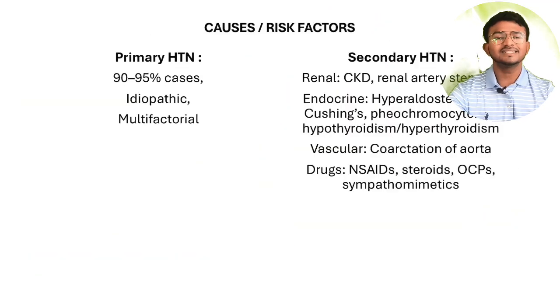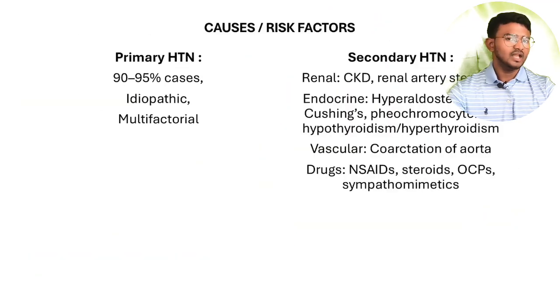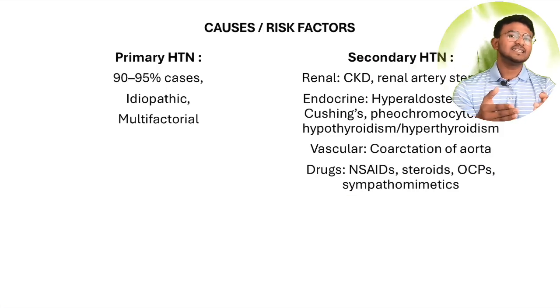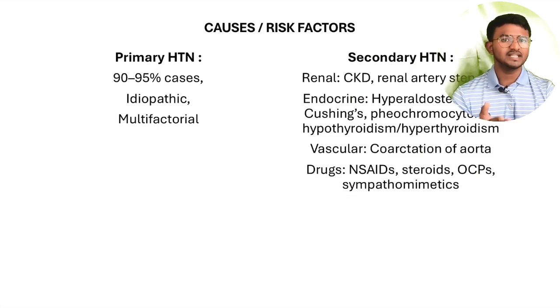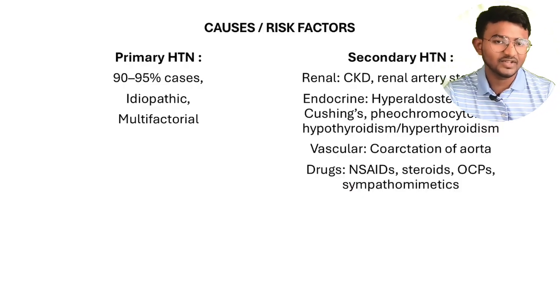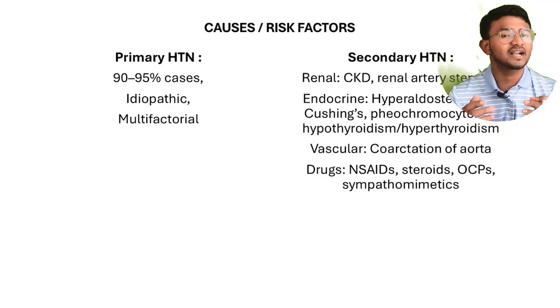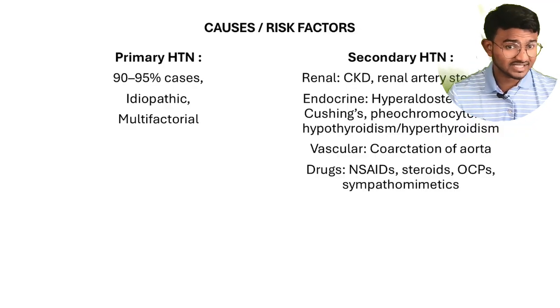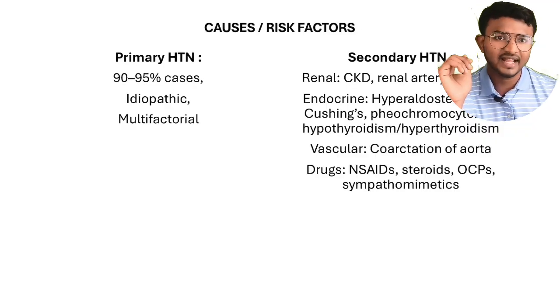So, causes of hypertension. The causes are divided into two different types. One is primary hypertension, the second one is secondary hypertension. Primary hypertension is idiopathic. Idiopathic means unknown cause. In 90 to 95% of cases we see primary hypertension.